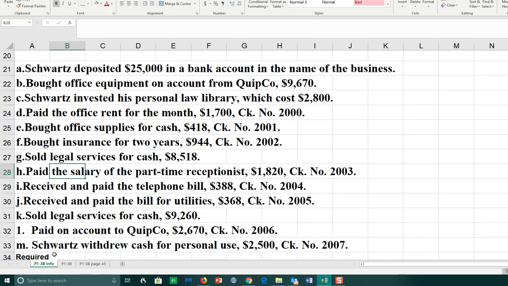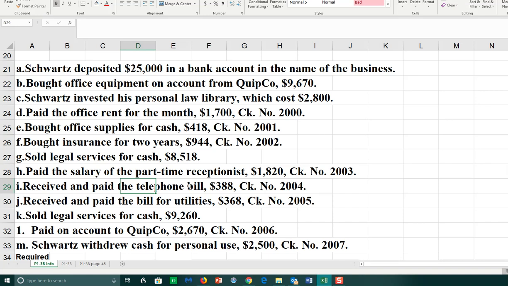Moving right along, we have the receipt and payment of the telephone bill for $388. So they are spending money. The business is spending $388. What are they spending it on? They're spending it on the telephone bill, which means that they're paying for a service that was provided by an outside entity.